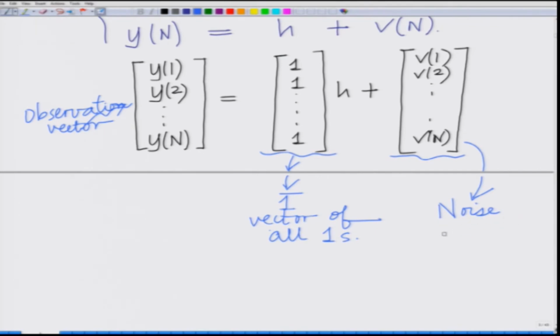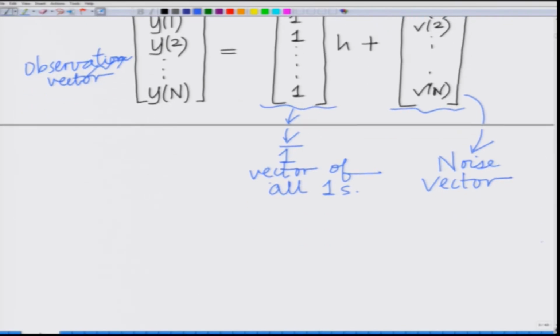This is V bar, which is your noise vector. Okay. That is fine. Now, let us look at this.